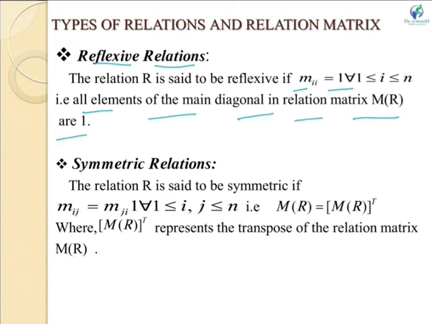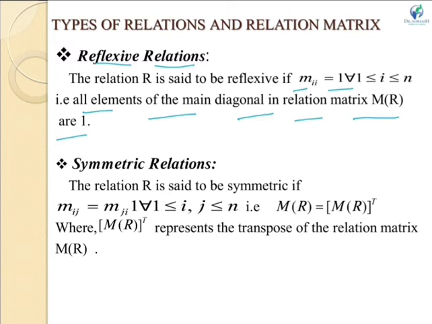Next is symmetric relation. We have learned that symmetric relation means if (x, y) belongs to R, then (y, x) must belong to R. That is, in matrix form, if (2, 1) is in R, then (1, 2) must also be in R. If such a condition exists, then we can say that it is symmetric.